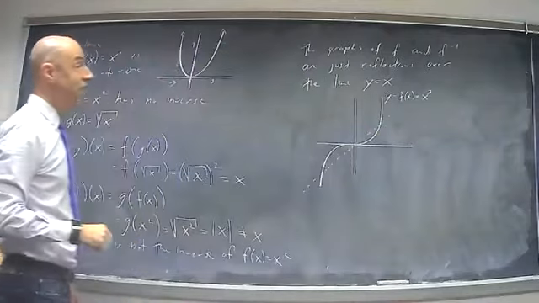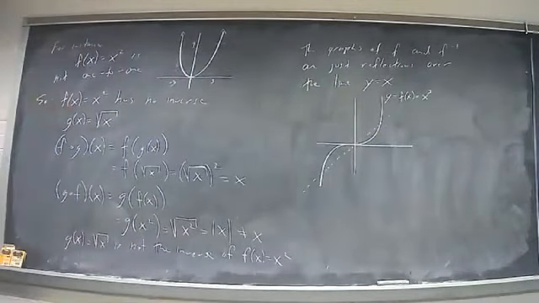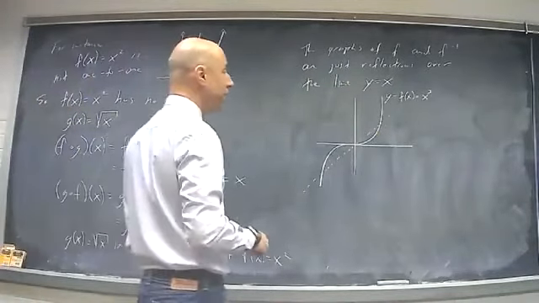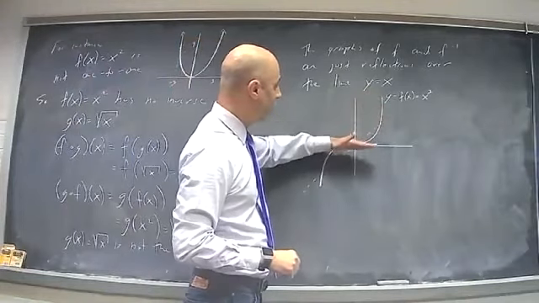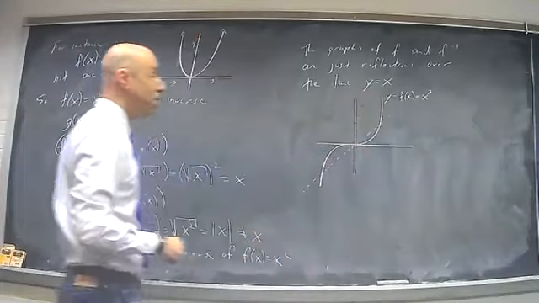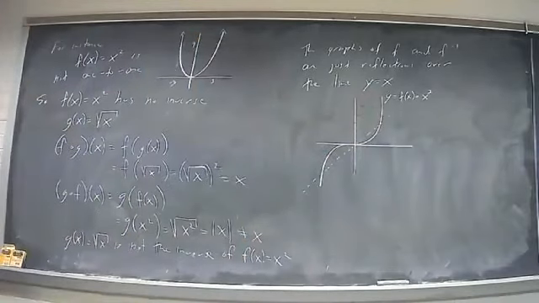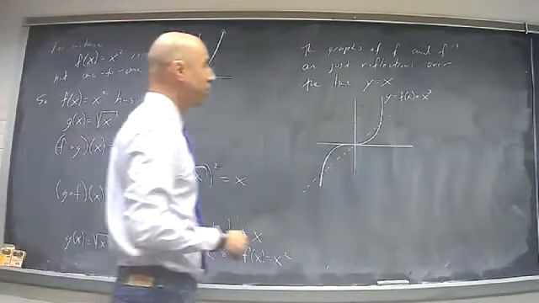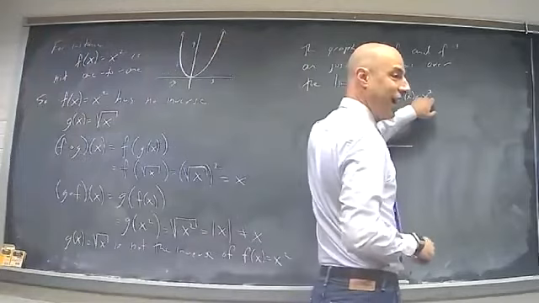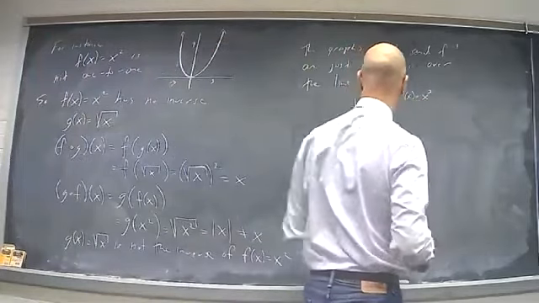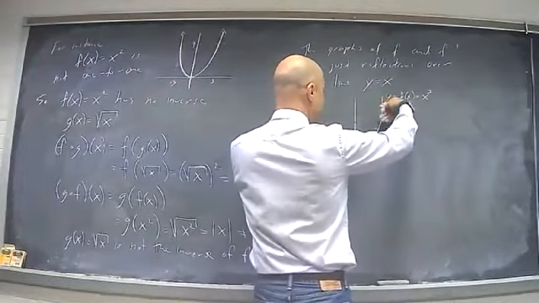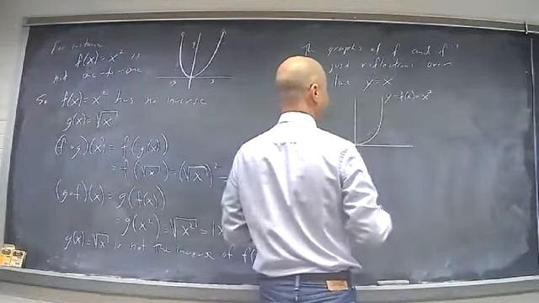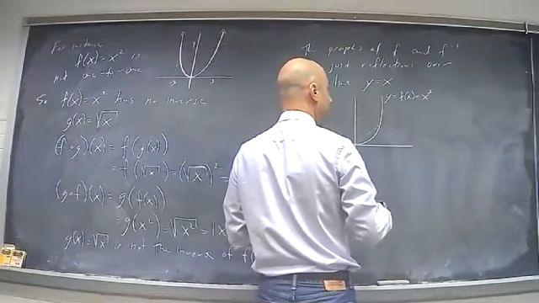By the way, you can see x cubed, unlike x squared, does pass the horizontal line test. Any horizontal line crosses that curve at most one time. So if we're going to take the inverse of x cubed, which you might guess is the cube root of x, and it is, you just take this whole curve and flip it over the line y equals x.